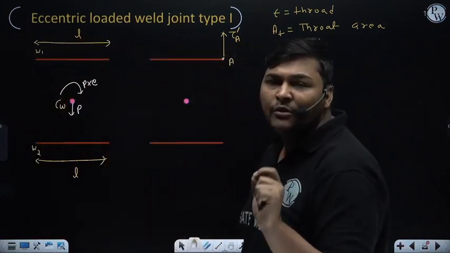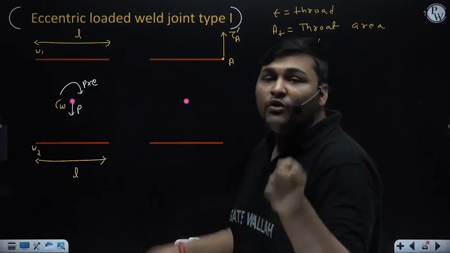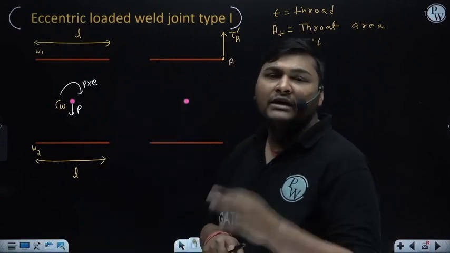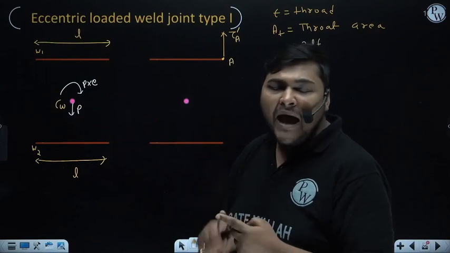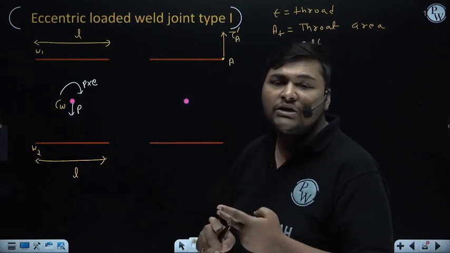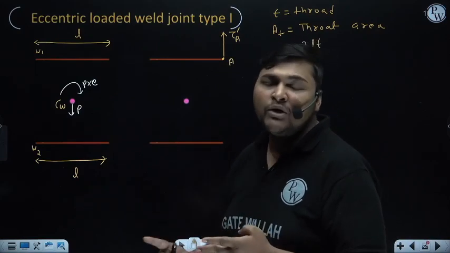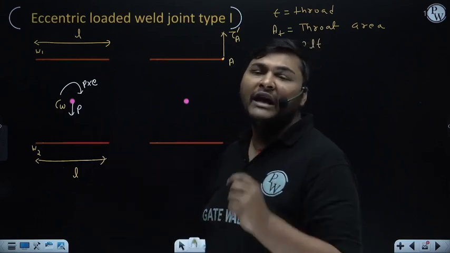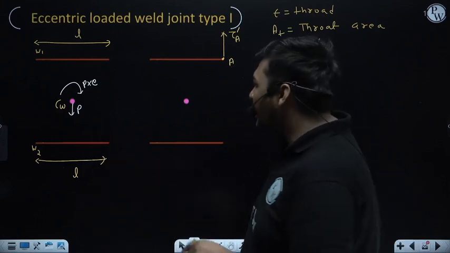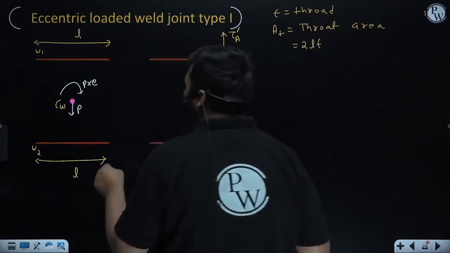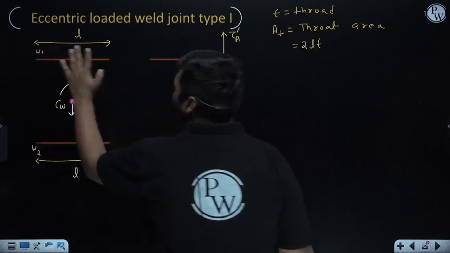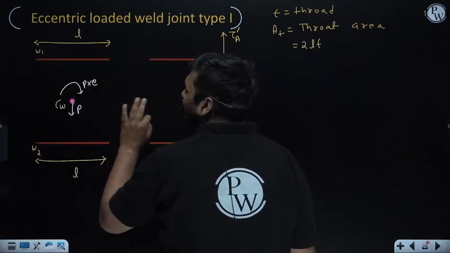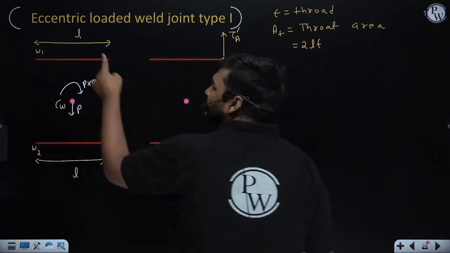Now if any moment is coming about the axis which is along the plane of weld, that moment will be bending moment. If any moment is coming about the axis which is perpendicular to the plane of weld, then that moment will be torsional moment. So here you can see, the axes which are along the plane of weld, I am denoting as x axis and y axis.